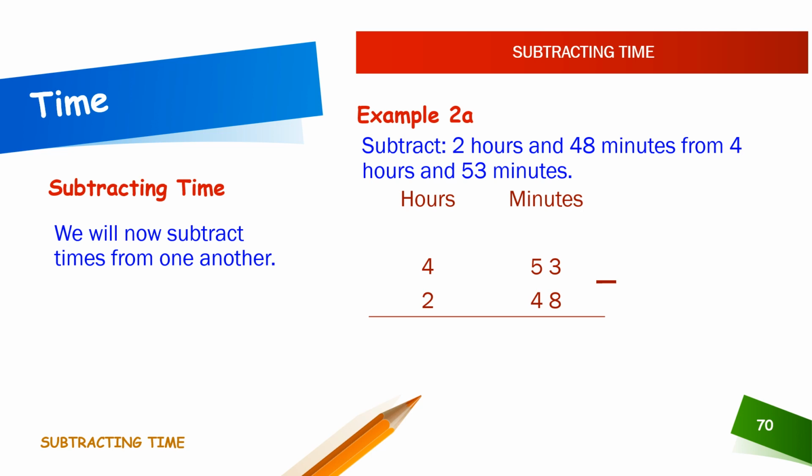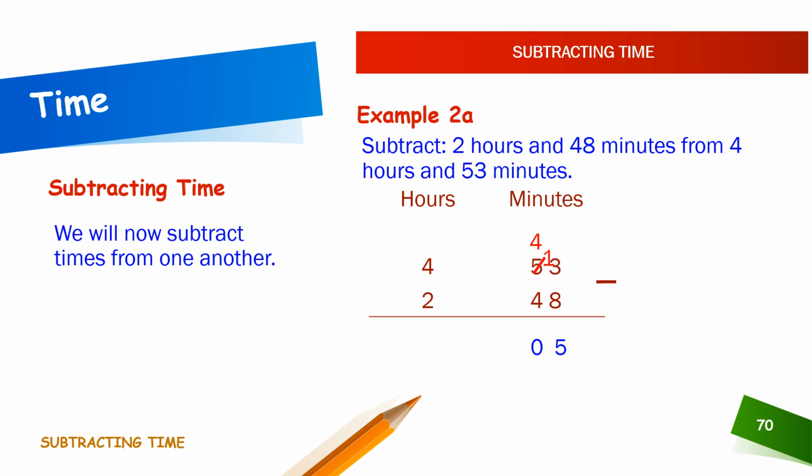Now subtract the minutes from each other. We need to borrow a 1 from the next column so that we have 13 in the first column. So we have 13 minus 8, giving us 5. And of course 4 minus 4 is 0.